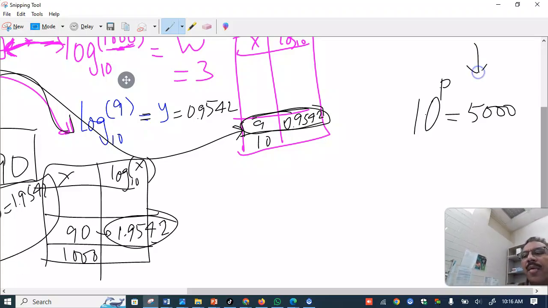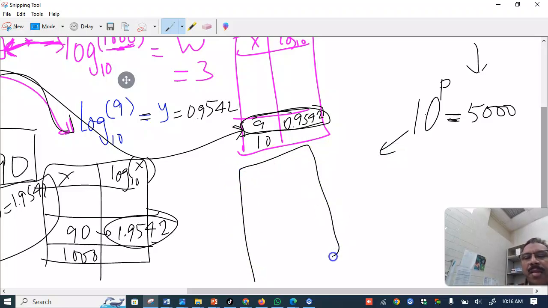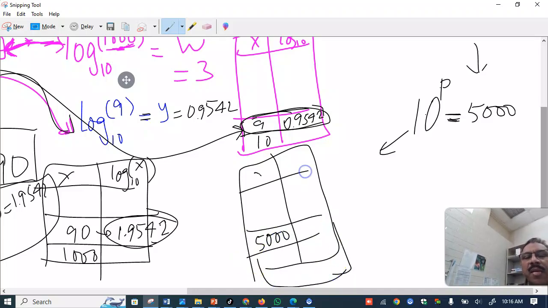Now how do you find from the table what p should be? You look out for the table that has 5,000, somewhere like this. This is x and this is log of x to the base 10.